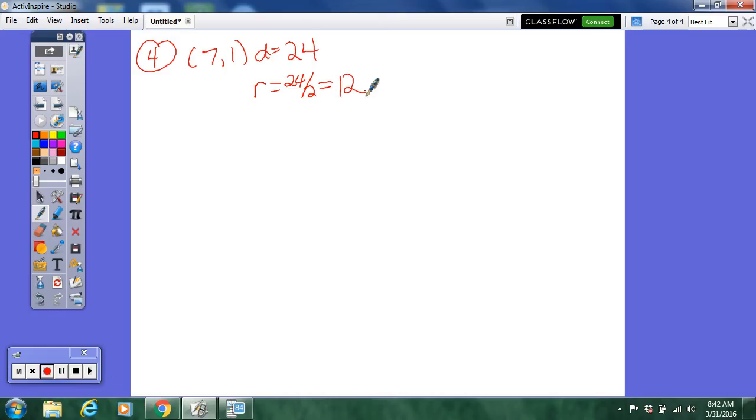You got to square it. Plug in the center, square the radius. That's the only thing that made that one a little bit more difficult, because they didn't give you the radius, they gave you the diameter. So you just got to be aware of those details. So you should get this. Plug in your center, x minus 7, y minus 1, square 12.